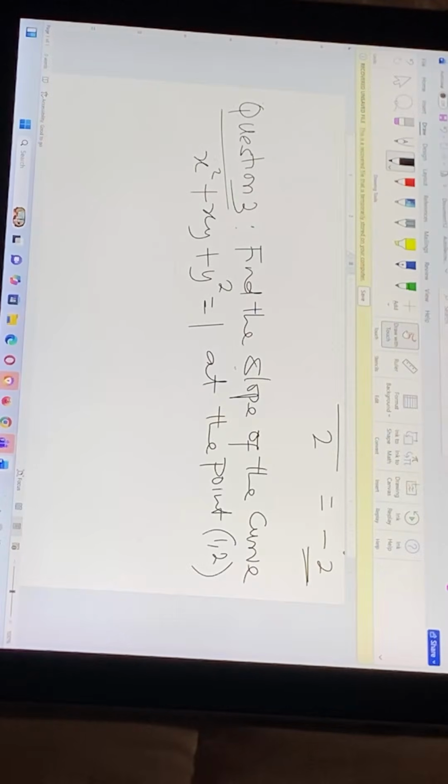S squared is equal to what? Are you done?